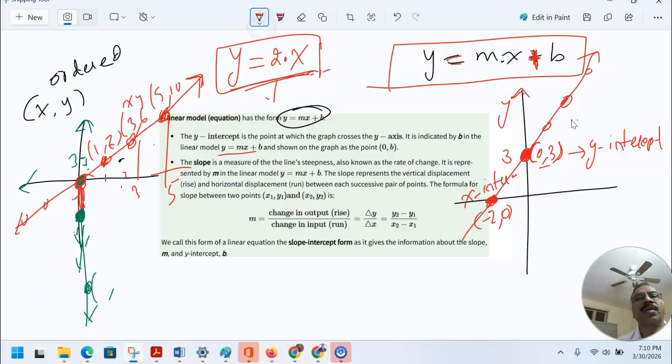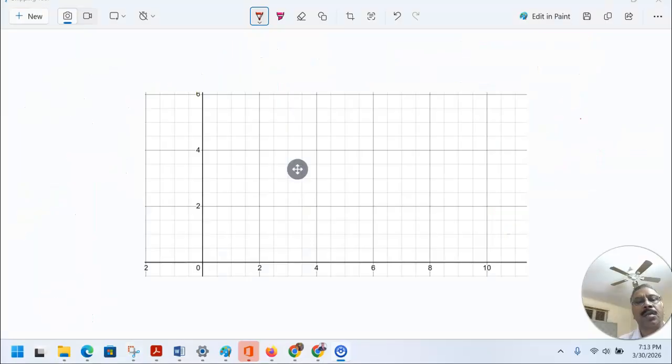I like to show this because we need to connect. Last class I showed this, but still I would like to show what the slope is. We know that slope is a ratio of the difference in the y's, so y2 minus y1, over x2 minus x1. So what does this mean? I took a point here. Let's say this is one point and this is another point.